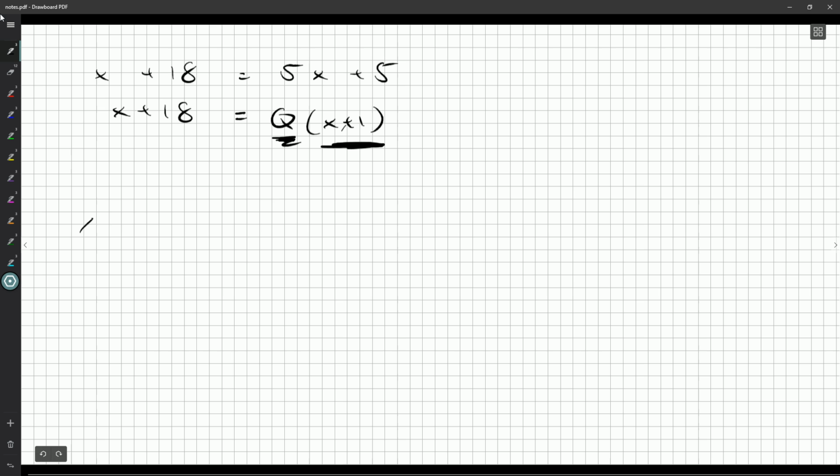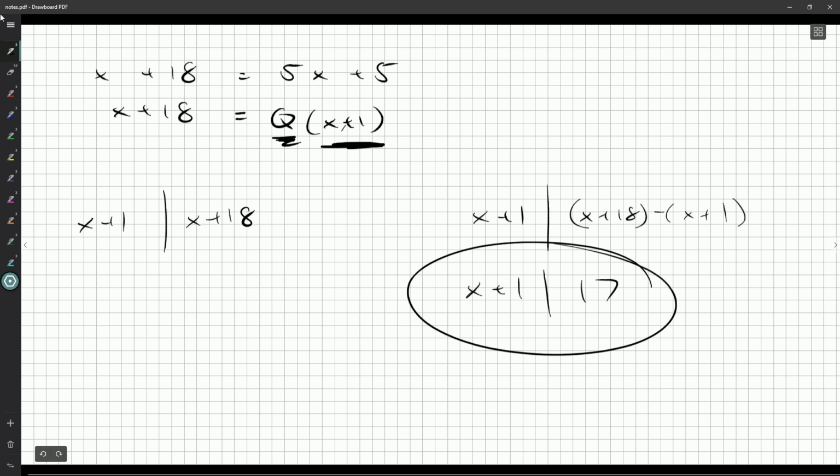So x plus 1 needs to divide x plus 18, so it needs to go in there q many times. And so what else could you say? Well, then x plus 1 needs to divide their difference. And that's another way to get rid of the x's. Okay? And so there's a lot of ways to eventually get this divide by this factor of 17 method, which I think is probably the preferred way to do the question.